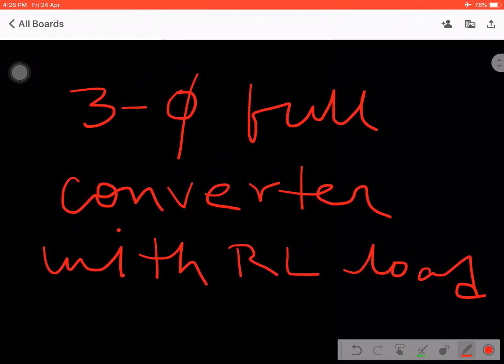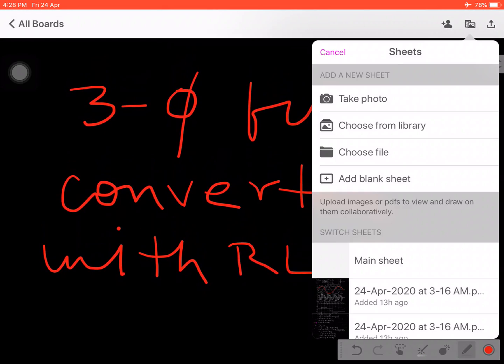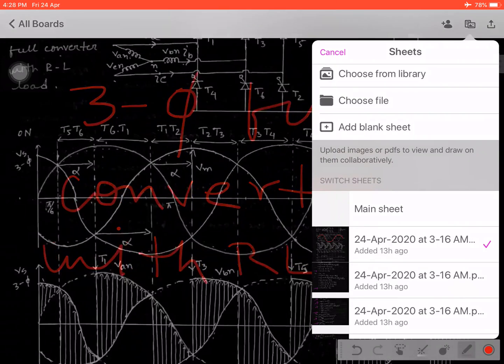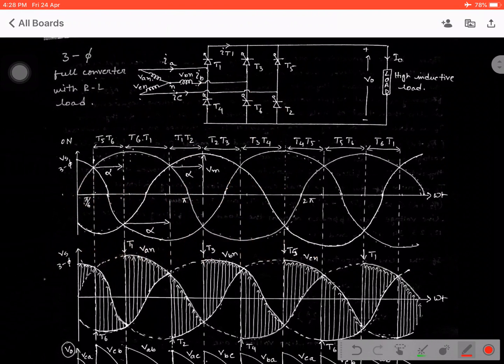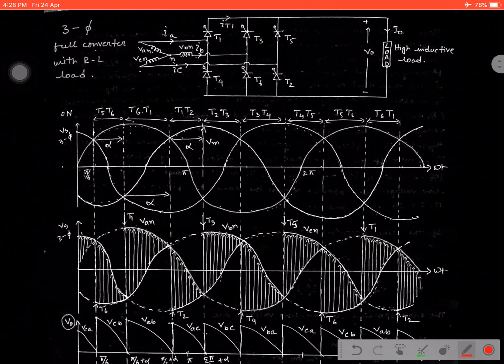So before going into this topic, we are going through the circuit diagram which is given over here. In this circuit diagram, we are using six switches, that is T1, T2, T3, T4, T5 and T6, as the three-phase converter.